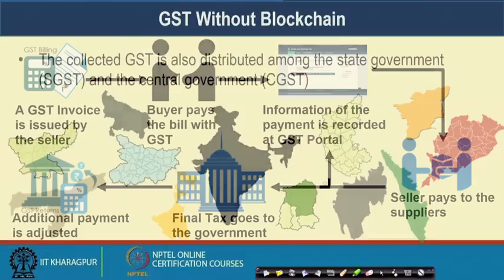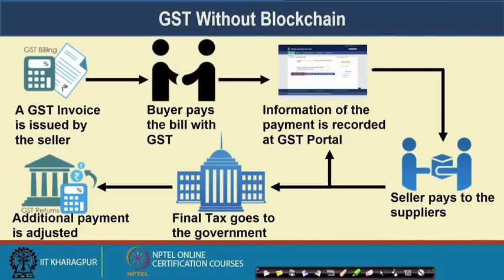On the other hand, the central government gets the other component of the GST, the CGST, the central component. So, whatever tax amount is collected from this entire GST procedure needs to be distributed among multiple states and the central government. This makes the entire procedure very complicated.